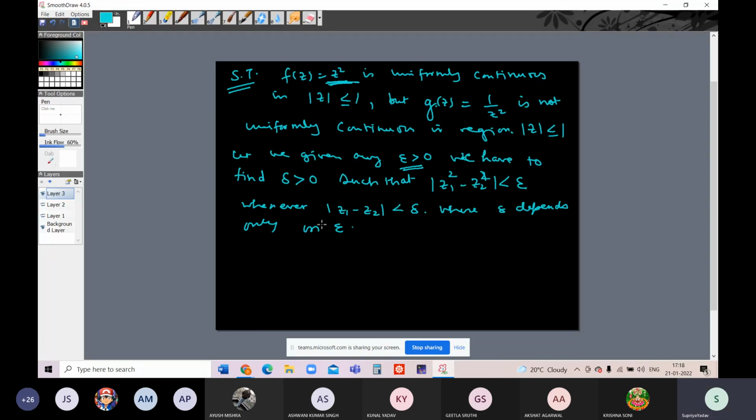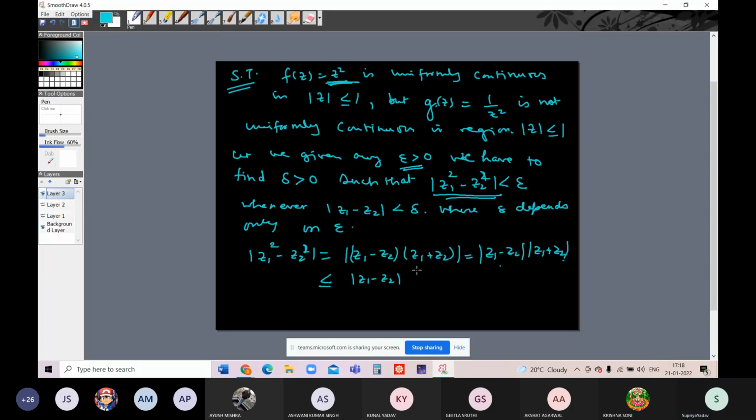Okay, so we will start from this inequality. mod of z1 square minus z2 square. This can also be written as mod of z1 minus z2 times z1 plus z2, which is equal to mod z1 minus z2 and mod z1 plus z2. By triangular inequality, we can write here mod z1 minus z2 times mod of z1 plus mod of z2.